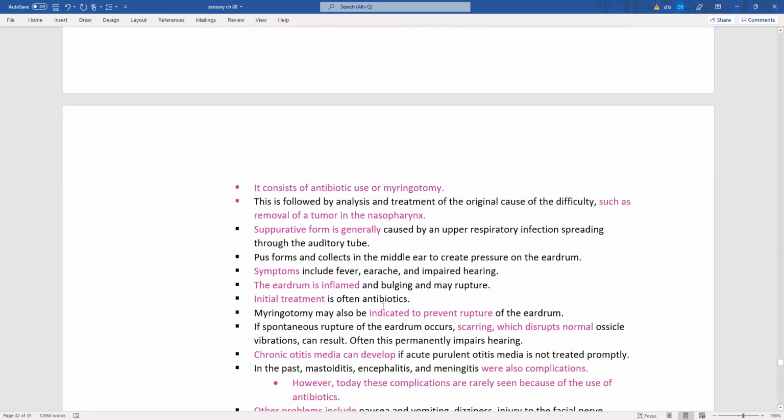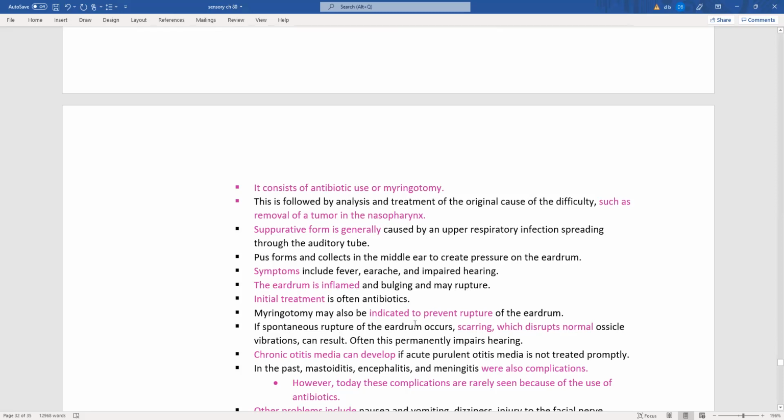The eardrum is inflamed and bulging and may rupture. Initial treatment is often antibiotics. Myringotomy may also be indicated to prevent rupture of the eardrum.